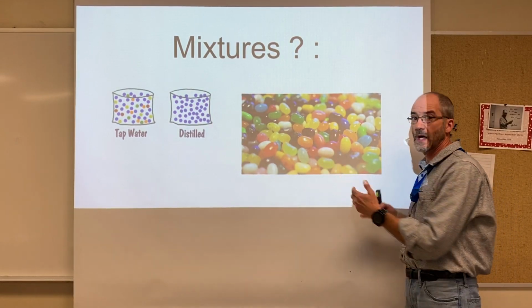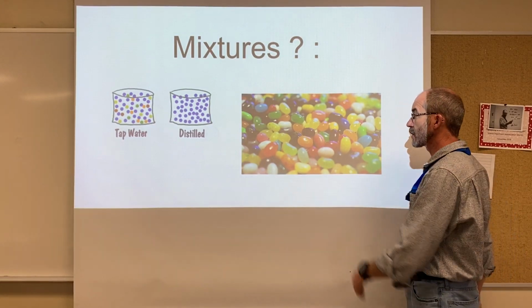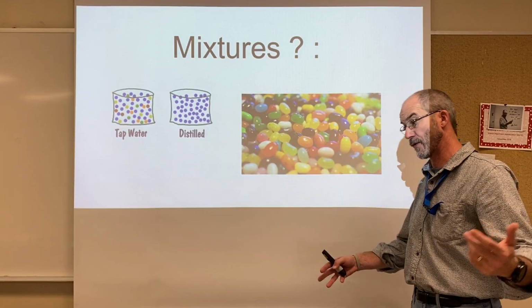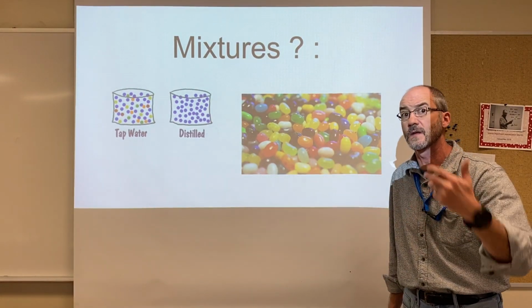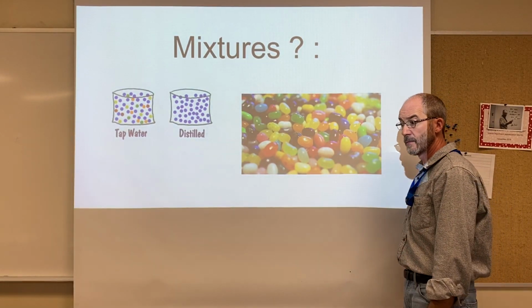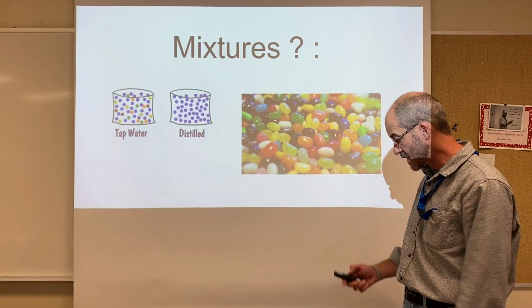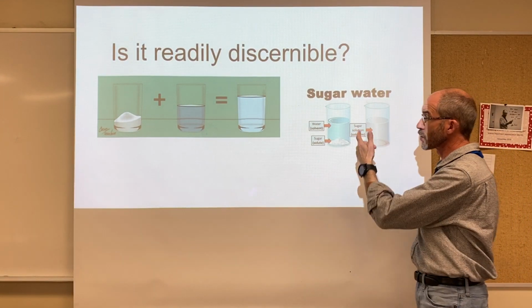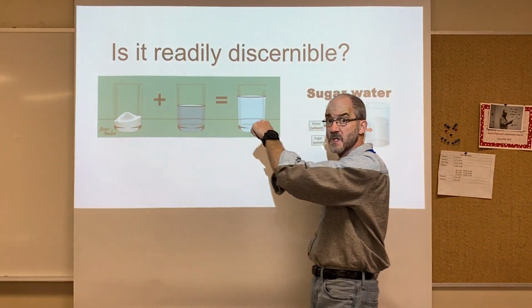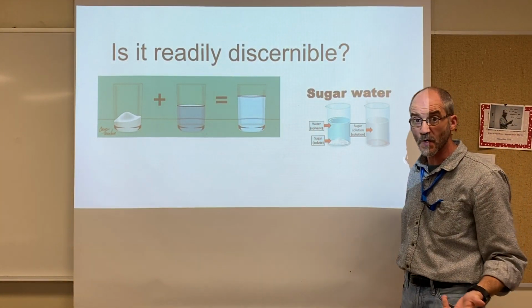Well, this mixture is a heck of a lot easier to see. You can see the individual jelly beans. You can tell they're a different color. I mean, this is easy to see. You understand the idea of a mixture, but sometimes it's not so easy to see. Like for instance, if we took some sugar and put it in water and mixed it up, water is a fantastic solvent.